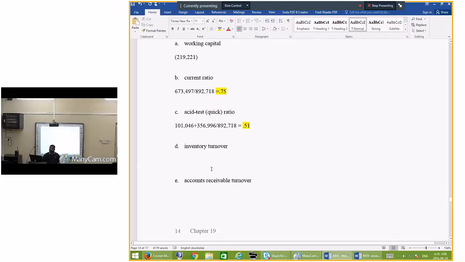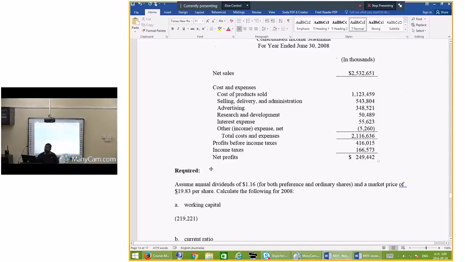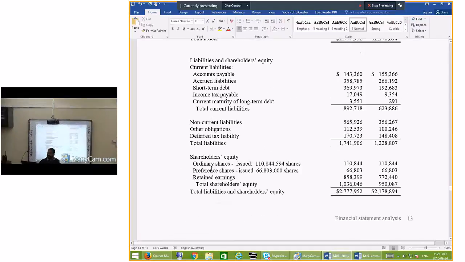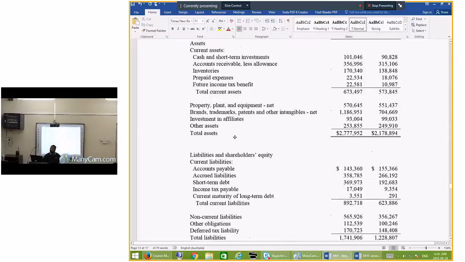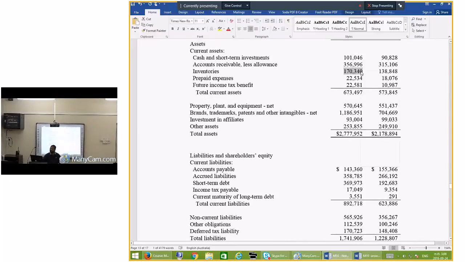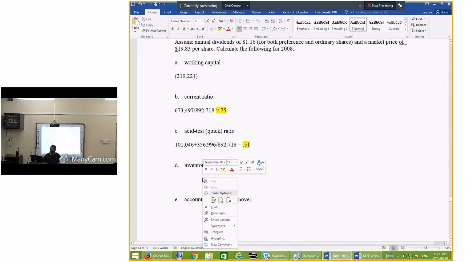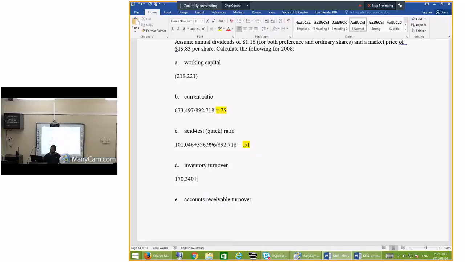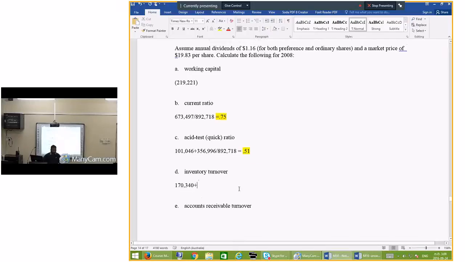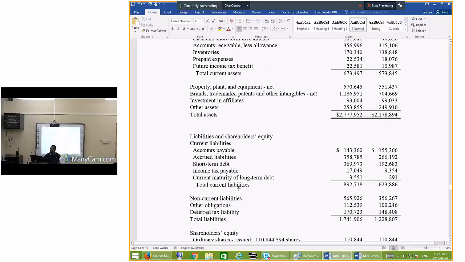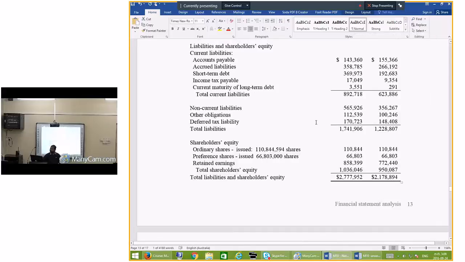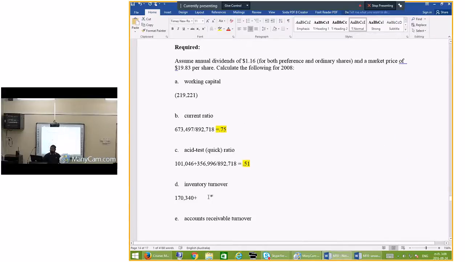Inventory turnover. Average inventory is 173,140 plus 138,848, divided by 2, that is the average inventory.